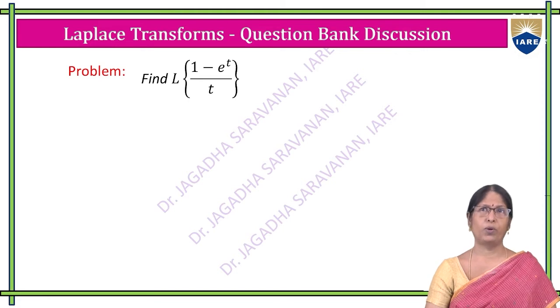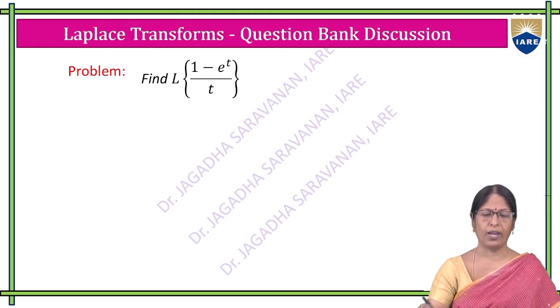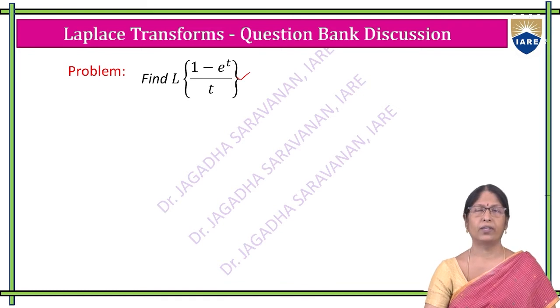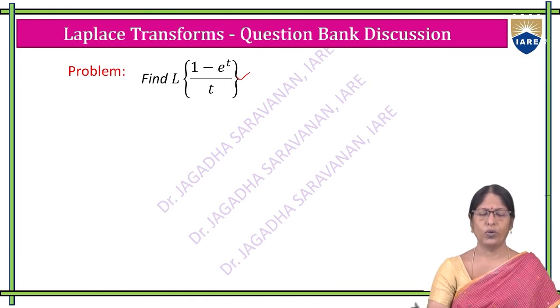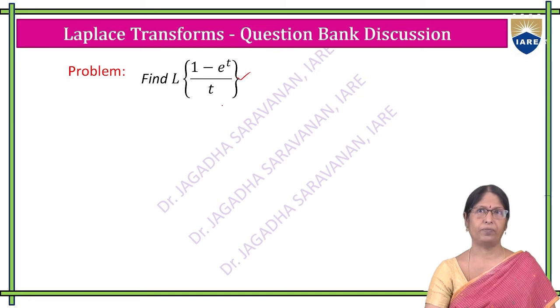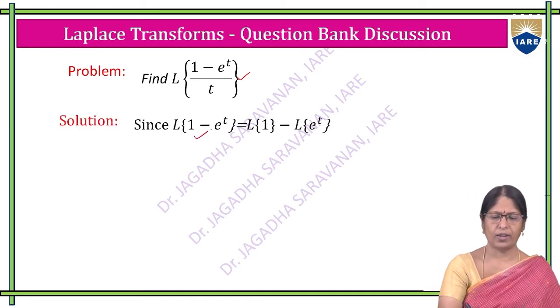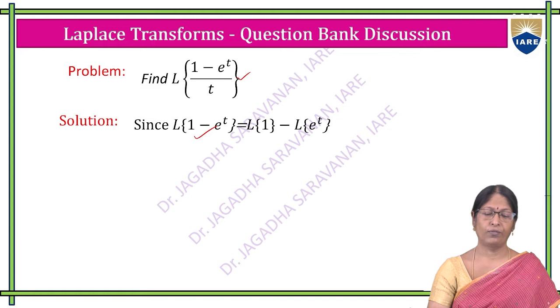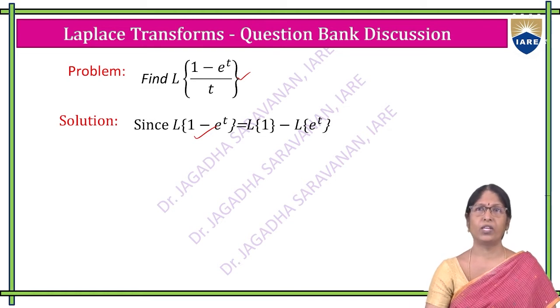So the next problem which is there in our question bank, that is L of 1 minus e power t, which is divided by t. First we have taken the numerator part, L of 2 terms. The first one is 1, the second one is e power t.